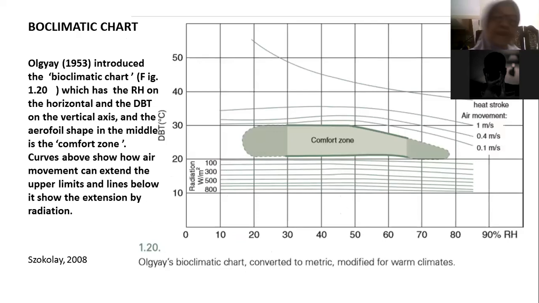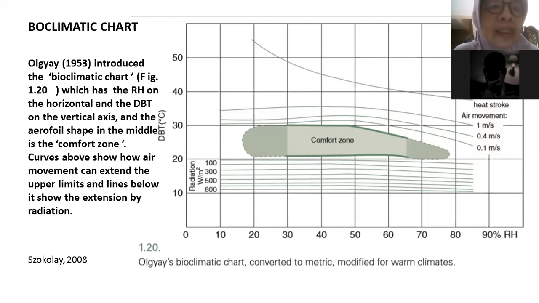So according to some experts that offer the concept of climate responsive architecture, one of the oldest concepts in climate responsive architecture is the bioclimatic chart.